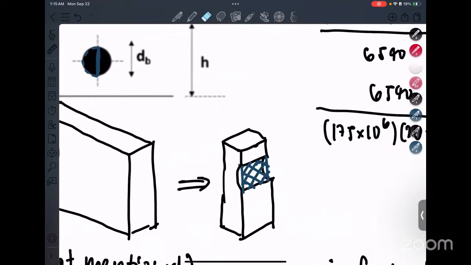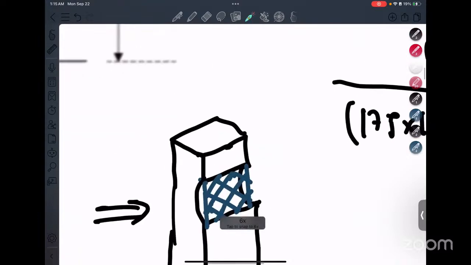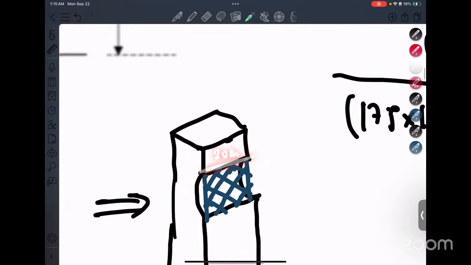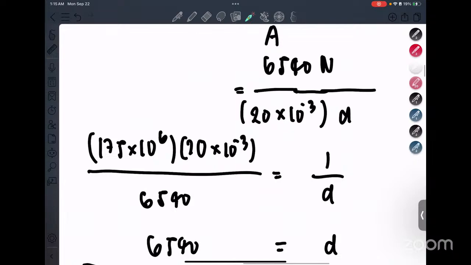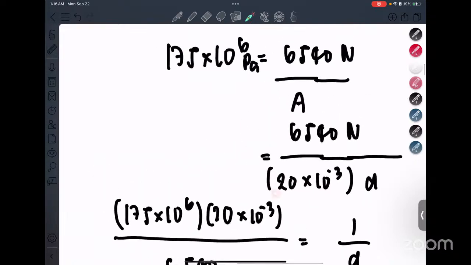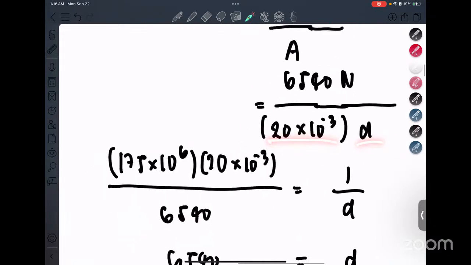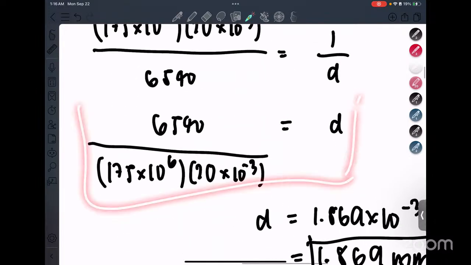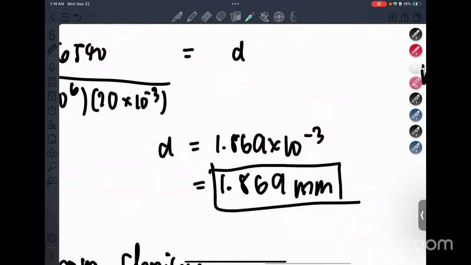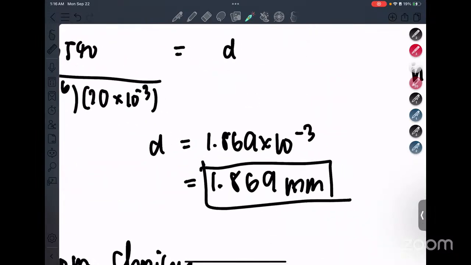So again, bearing stress is this. If you think about it, this is just the thickness. So this is 20 millimeters, right? And this is the diameter. So the bottom term here is the thickness times the diameter. Moving everything around again, you get this final term. Simplifying, you get 1.869 times 10 to the negative 3 or 1.869 millimeters.